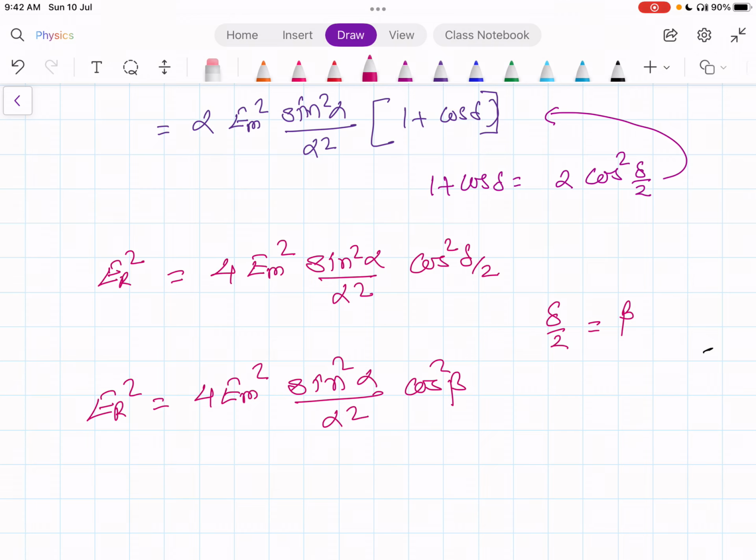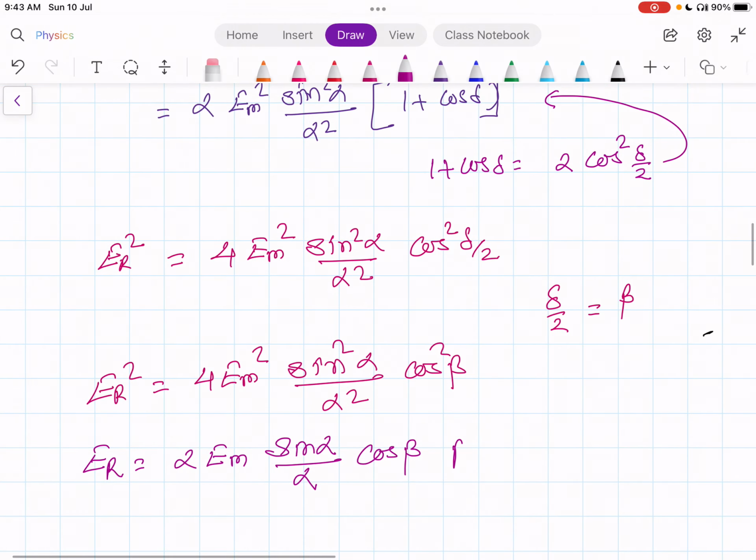Let us find ER by taking the square root on both sides. So ER is equal to 2 Em sine alpha upon alpha into cos beta. And this is nothing but the resultant amplitude.